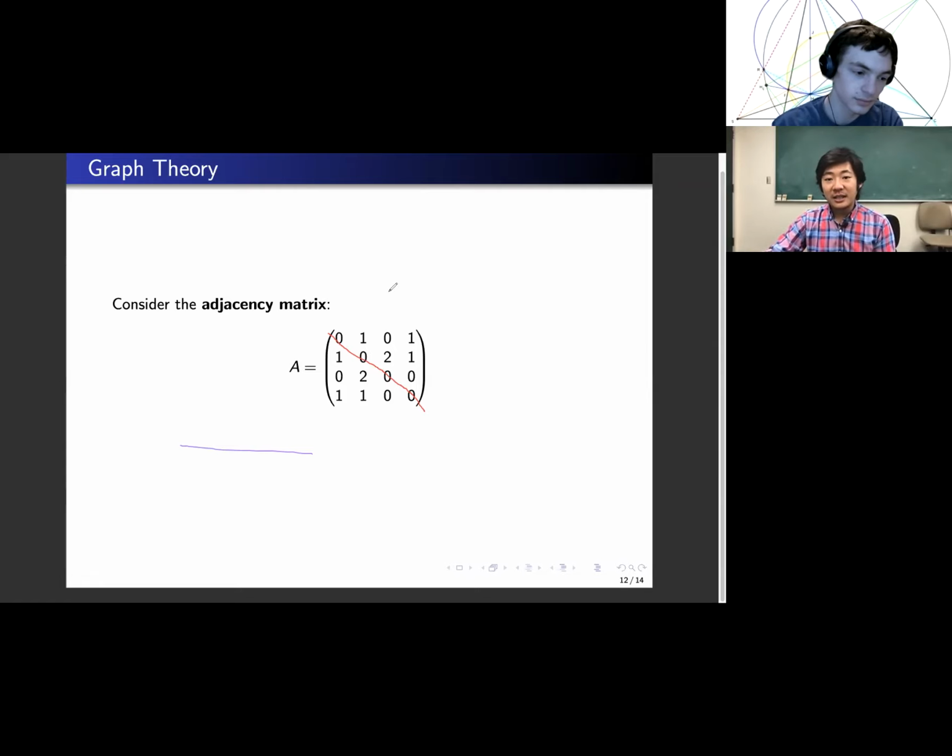And that's because if you can get from I to j, then you can get from j to I. And symmetric matrices have their own other special properties that you could learn later on.